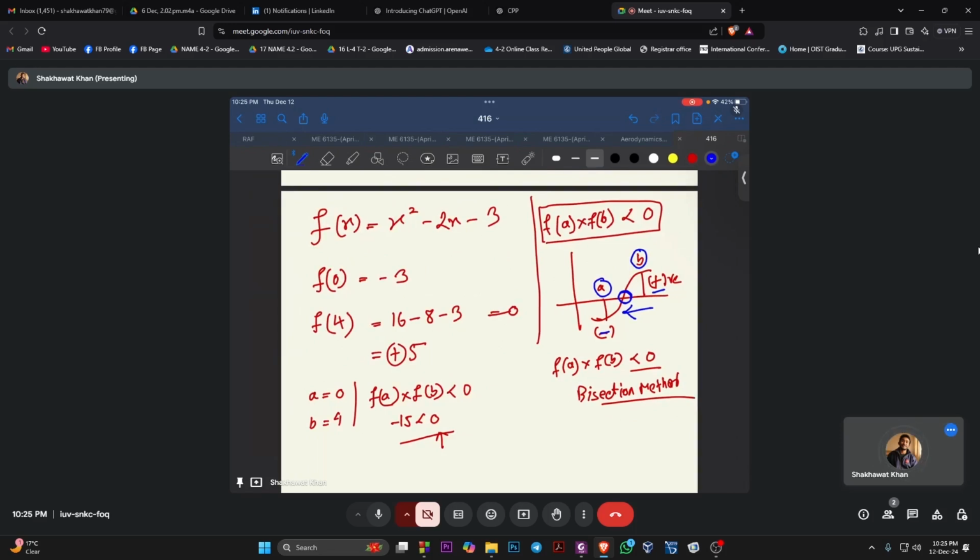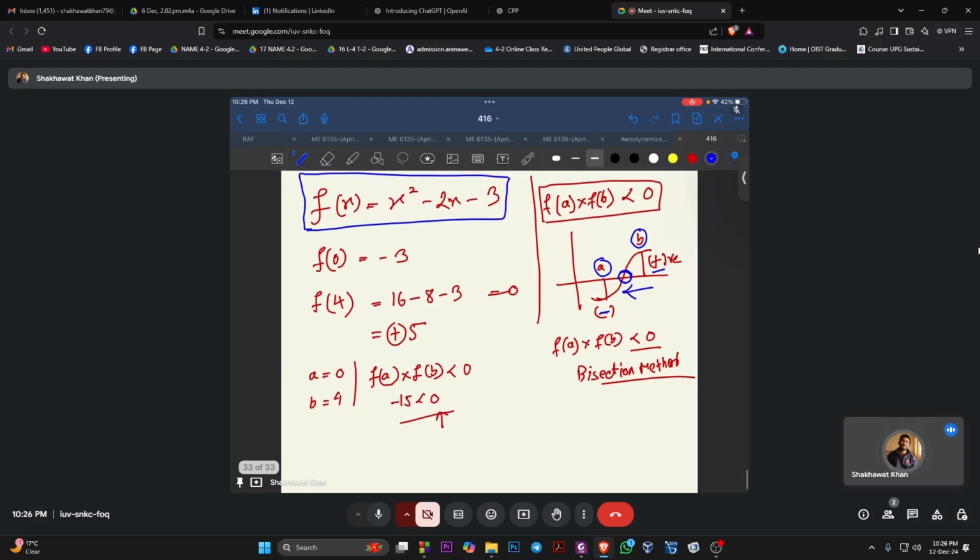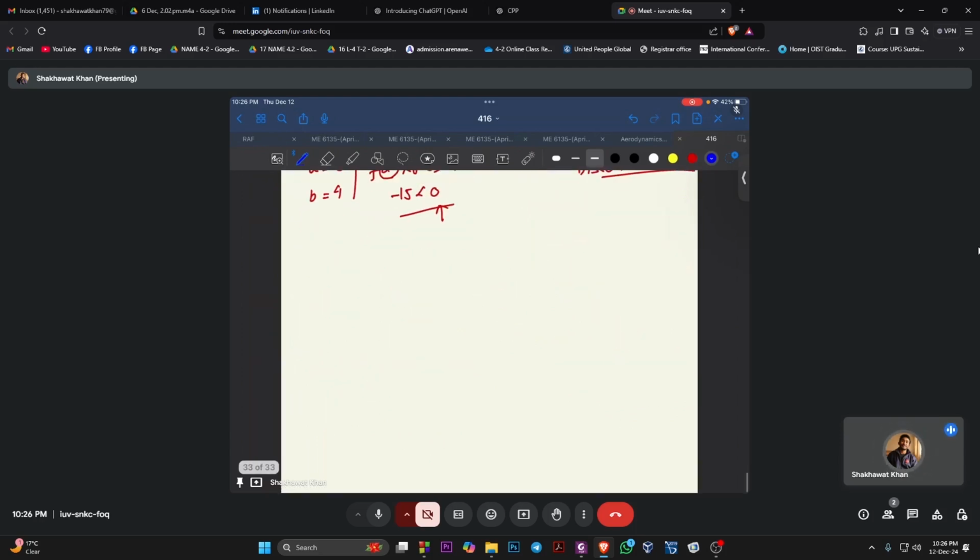Okay, so let's say our problem is this. We want to solve this problem using the bisection method, and one limitation of the bisection method is this: only quadratic equations can be solved.